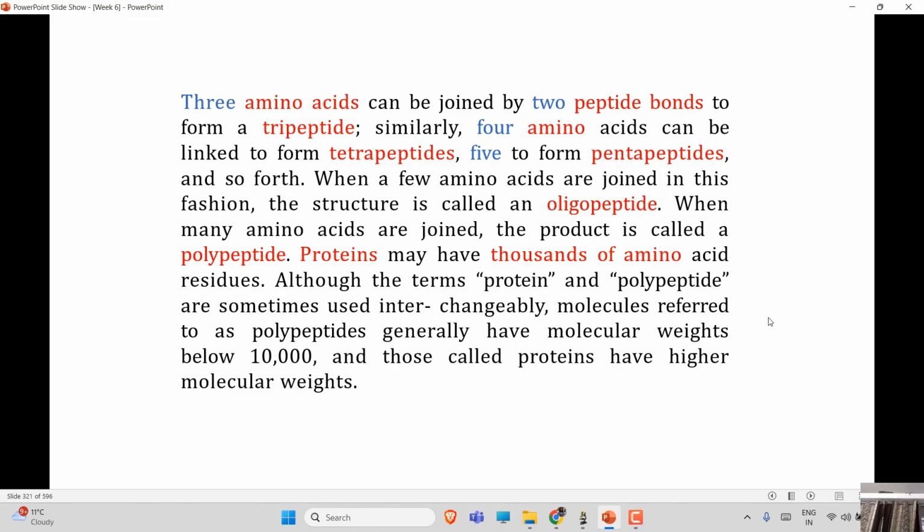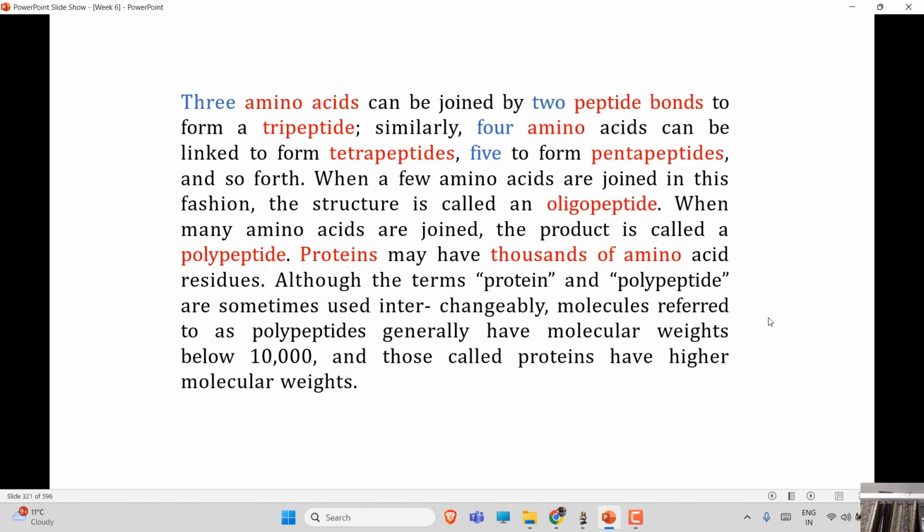Similarly, four amino acids can be linked to form tetrapeptides, five to form pentapeptides, and so on. When many amino acids are joined, the product is called a polypeptide. Proteins may have thousands of amino acid residues.